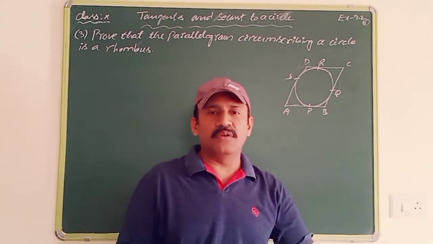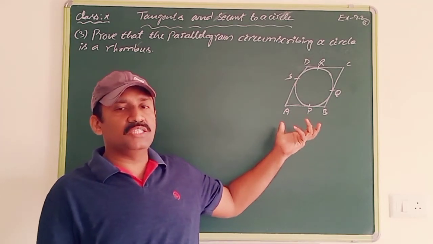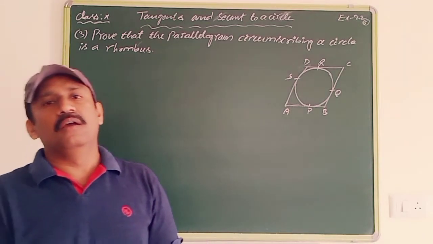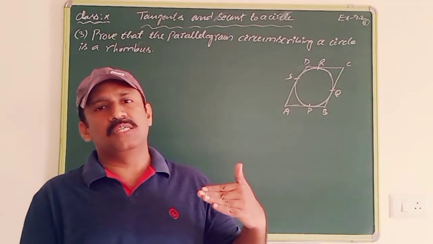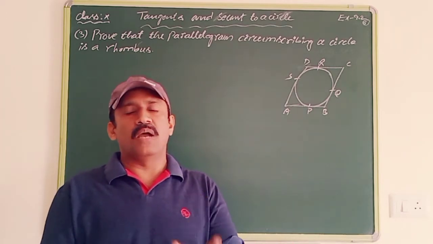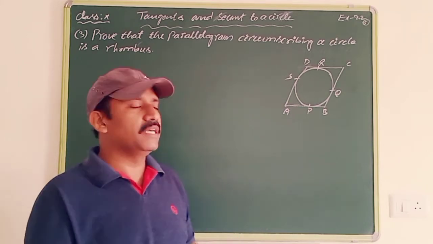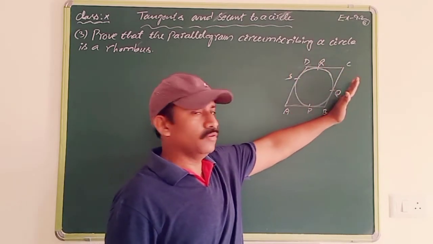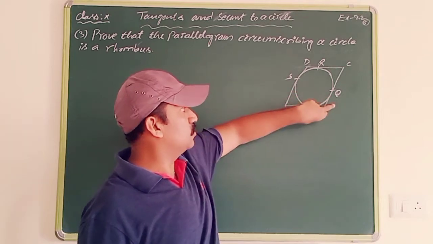Generally we take it as a parallelogram, and if it satisfies this condition, then finally we have to prove it is not just a parallelogram, it is a rhombus. So what is a parallelogram and what is a rhombus? Parallelogram means opposite sides are equal. Rhombus means all sides are equal, that means adjacent sides are also equal.